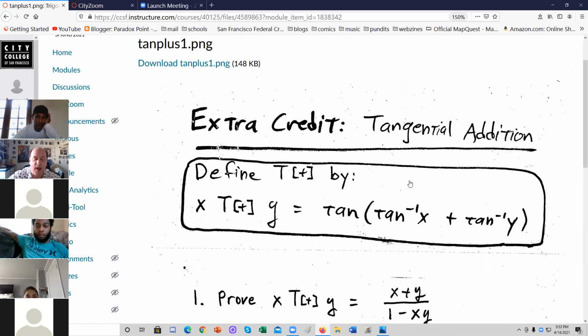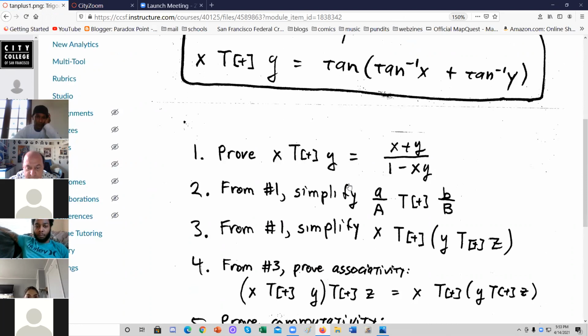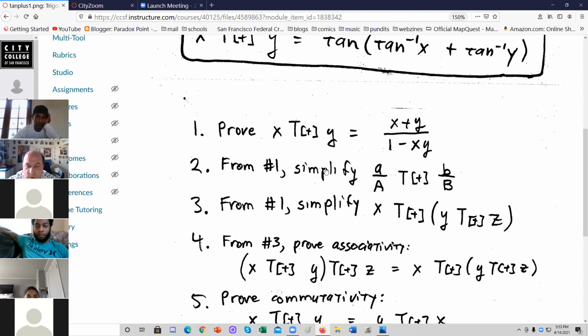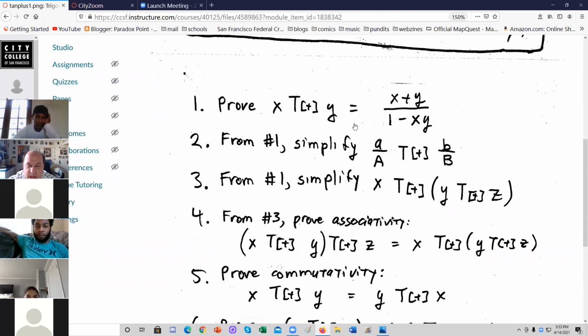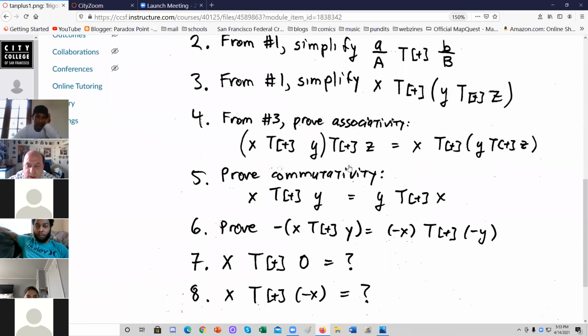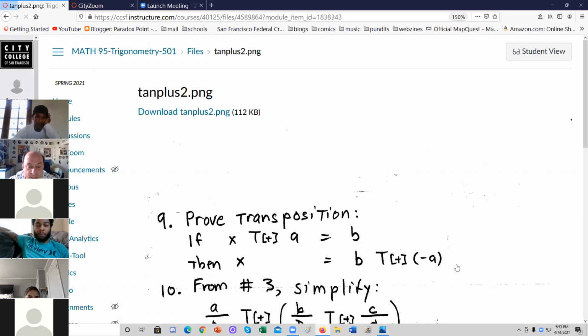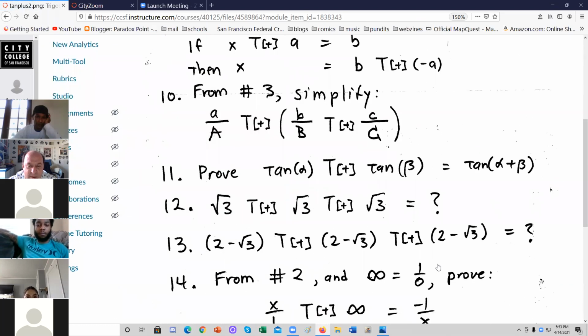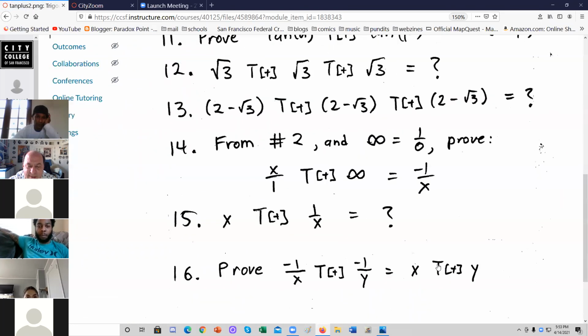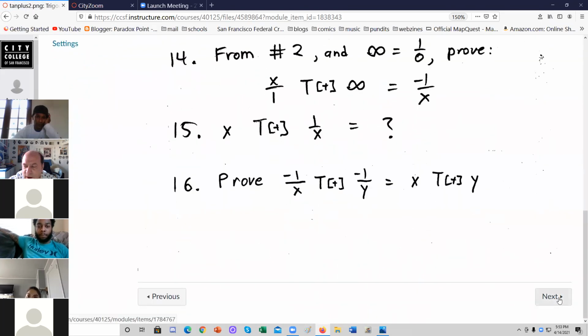You have two heights, and each one gives an angle. You add the angles, and that gives another height. And I ask you to prove various rules of the algebra of it, how to prove that it's associative, commutative, and some rules about that. More algebra of tangent. All right, enough of that.